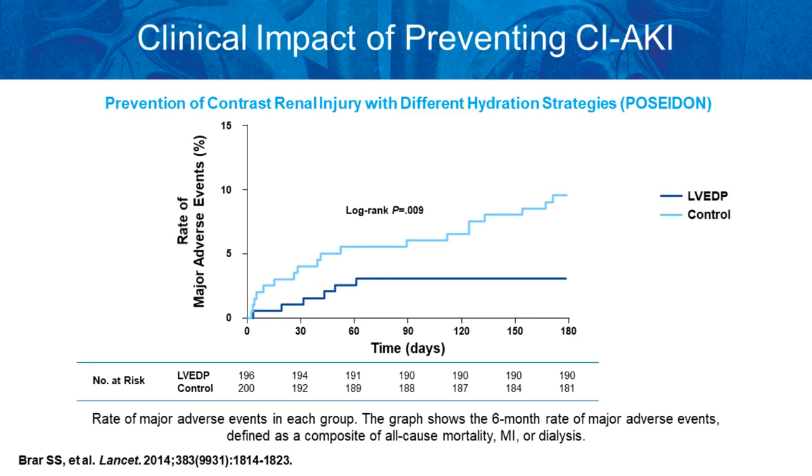What you see in this trial, though, is that on long-term follow-up, patients that got the more aggressive hydration strategy not only had less AKI early on, they were at a much lower risk of long-term adverse events at 6 months compared to the control group. This suggests that if you prevent acute kidney injury, you will have a significant impact on the patient long-term. So not only are you reducing that change in serum creatinine that we pick up in the hospital, but that will translate into better outcomes for your patient long-term.